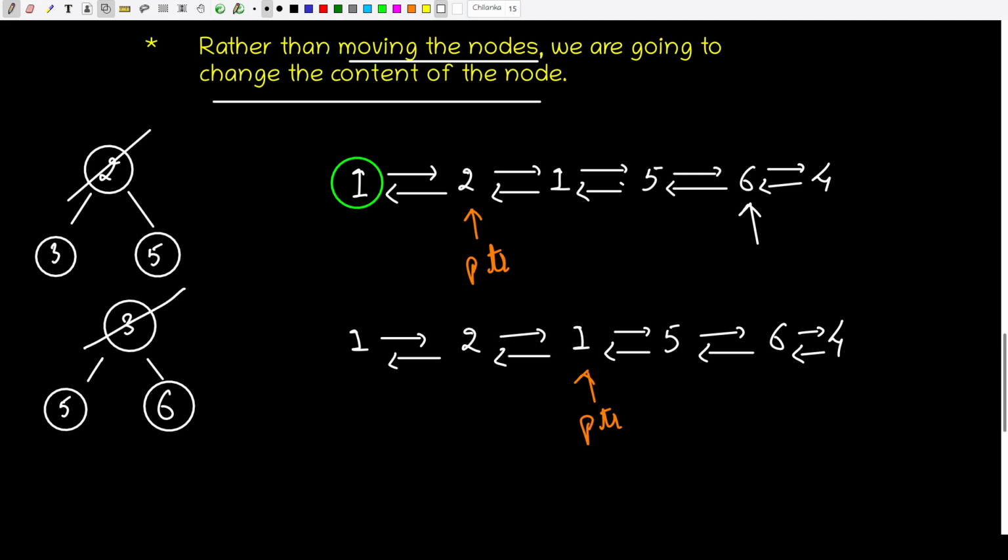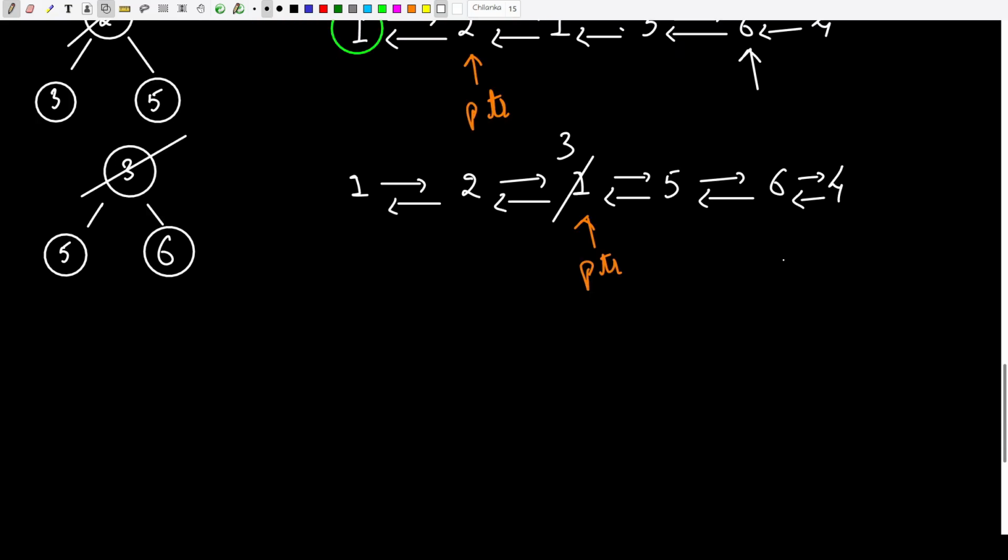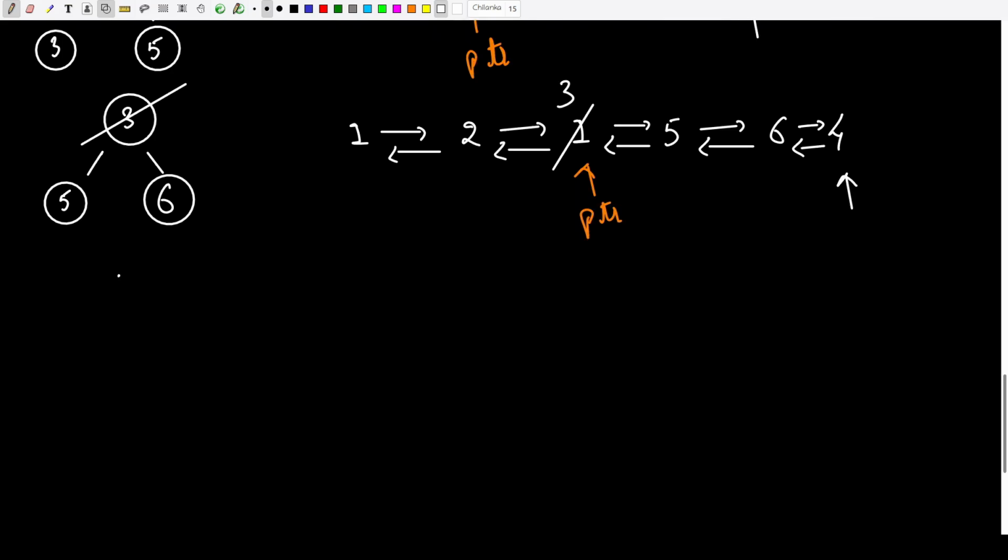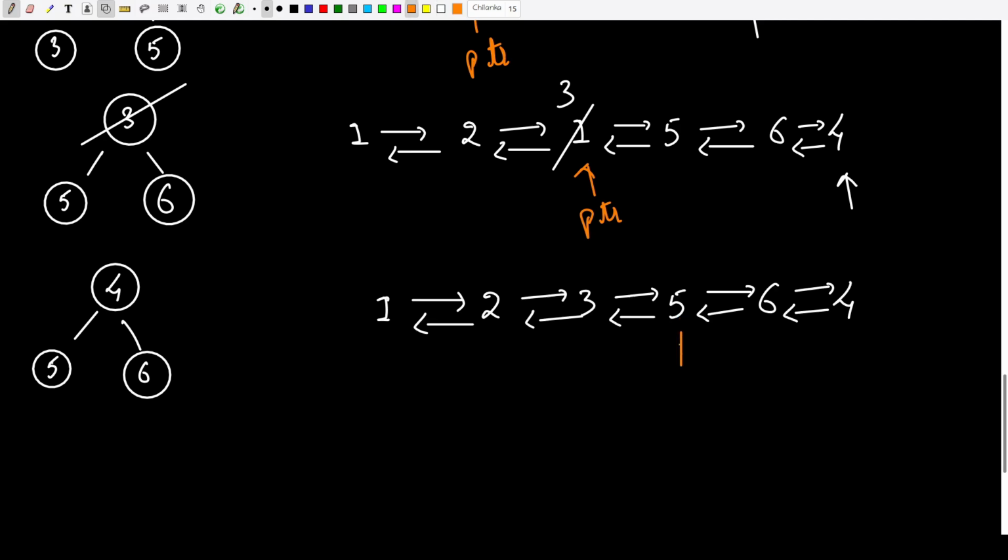Now let us repeat the same process. We are going to pop 3 from the priority queue and update 3 over here, and then push the next element onto the priority queue. The next element is 4, so let us push 4. After pushing 4, the priority queue looks something like this and the doubly linked list looks something like this, and our PTR is at this position.